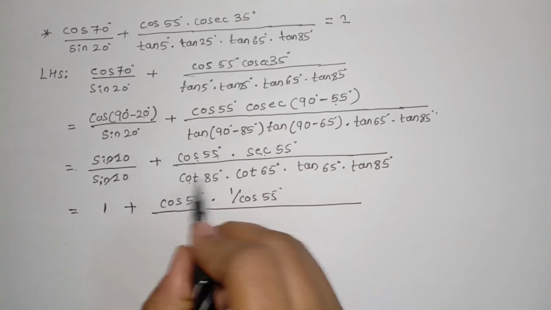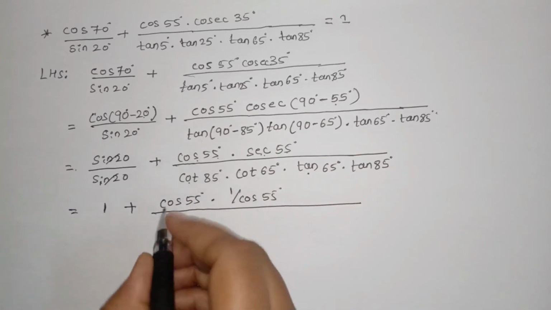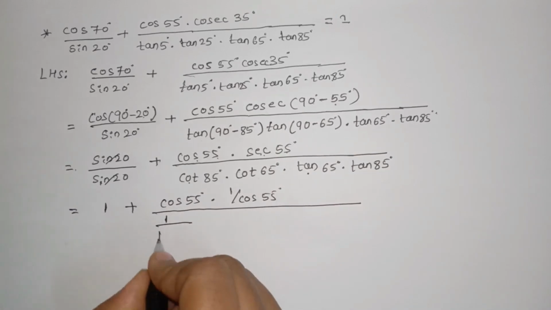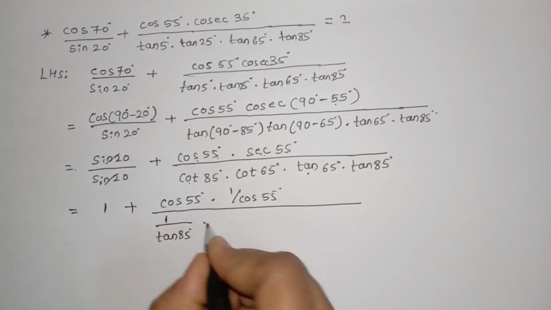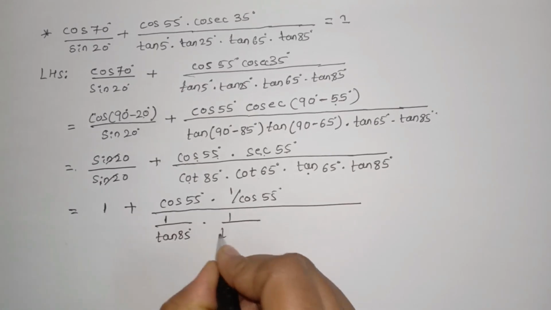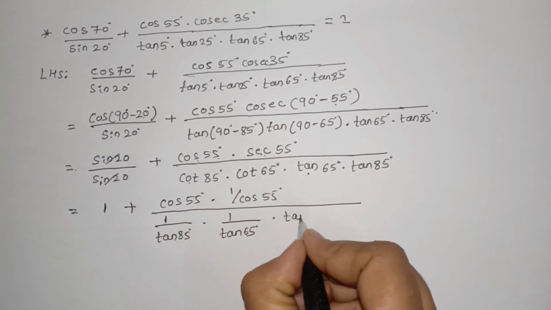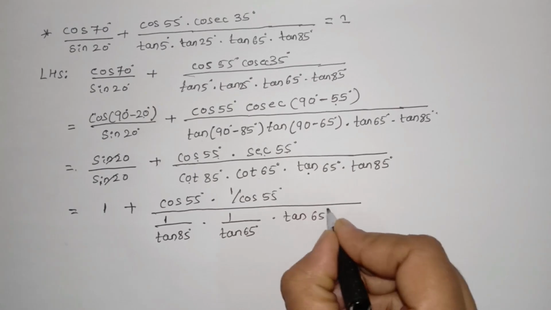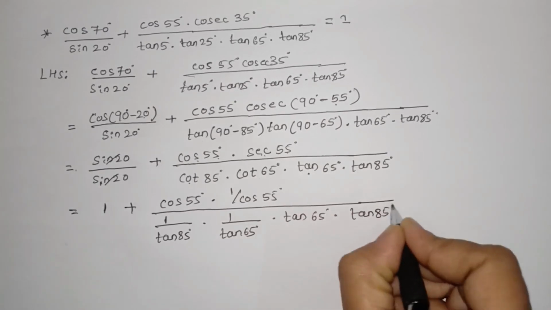At the denominator, cot and tan are also reciprocals of each other. So I can write this cot as 1 divided by tan 85 into 1 divided by tan 65 degree into, at the numerator, tan 65 degree into tan 85 degree.